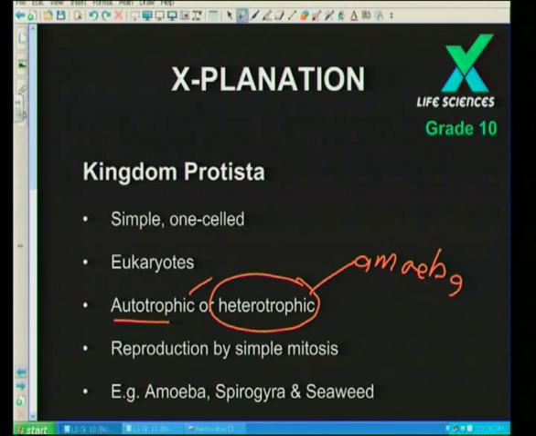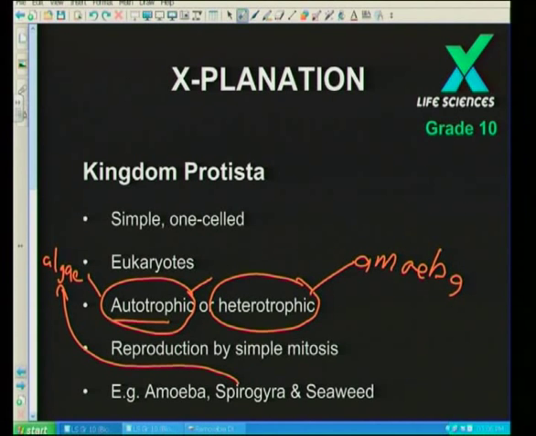So heterotrophic means an amoeba depends on other organisms for its food, whereas your protista, and that is your algae, has a chloroplast. Now the spirogyra is an algae, and this algae has a chloroplast which can make its own food.